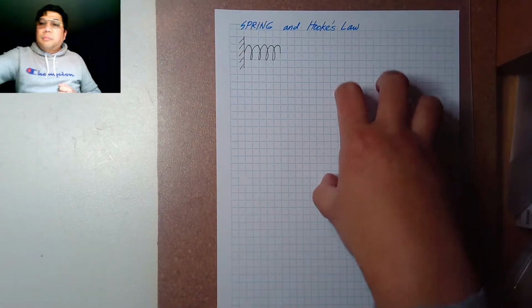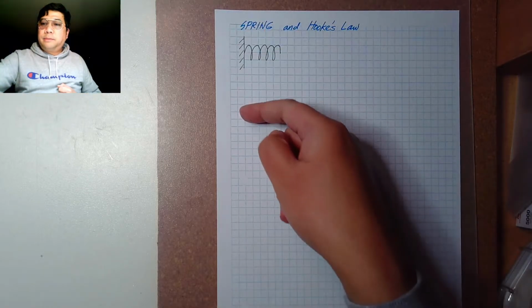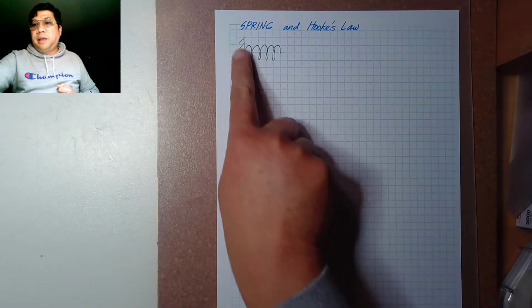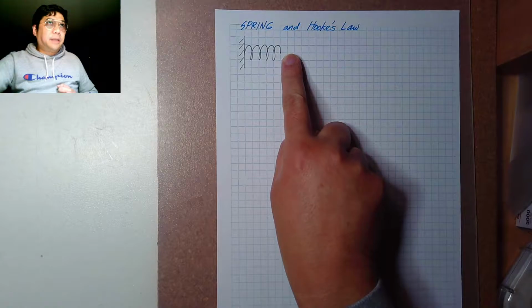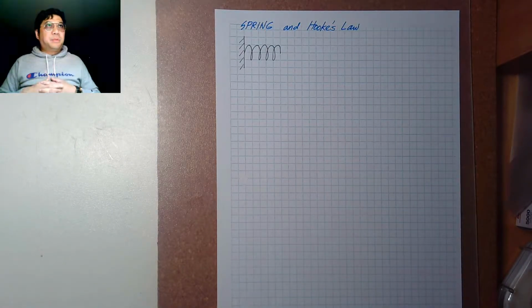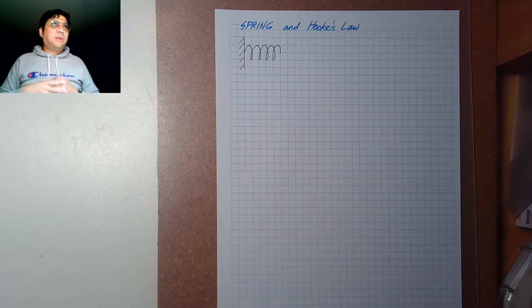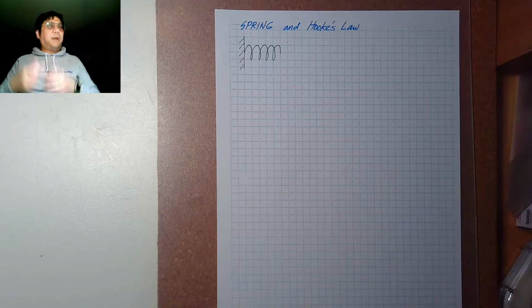Now, here's a spring connected to a wall, to a device, and the spring is lying horizontal. I'm going to go over some configurations of springs. Some of them will be installed horizontally along an axis, maybe inside a tube or a pipe.